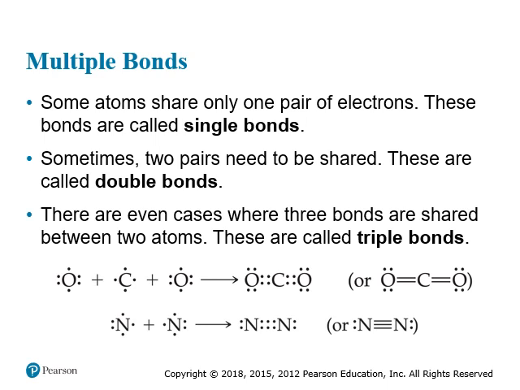But sometimes we're going to see that 2 pair of electrons need to be shared. In the case of 2 shared pair of electrons, we would refer to these as double bonds. And yet still we will find instances where 3 pairs of electrons need to be shared. These are called triple bonds.